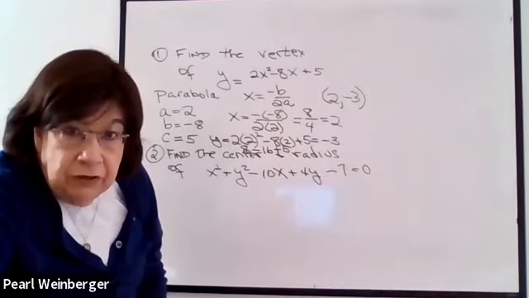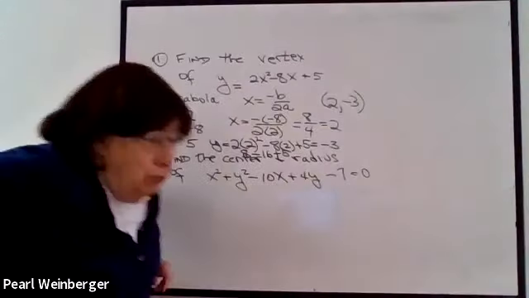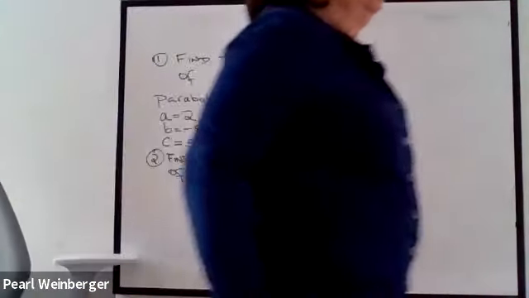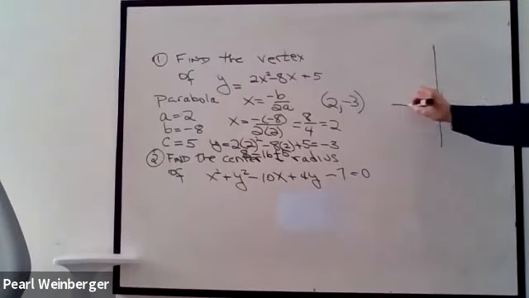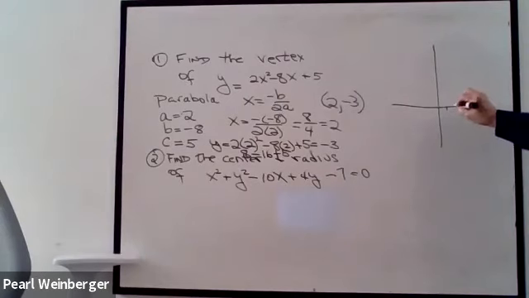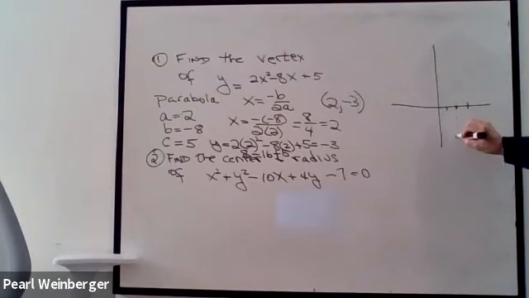So we have a parabola. If we were looking at what the graph would look like, it would look approximately like this. Here's 2, -3 right here. Here's our vertex, and we'd have to locate that, and then it's opening up.